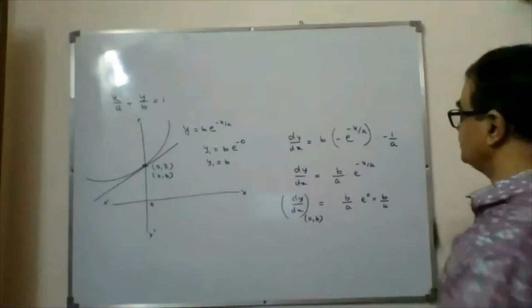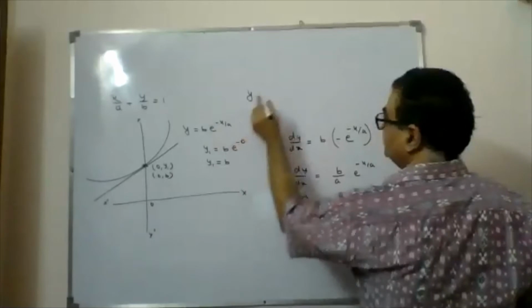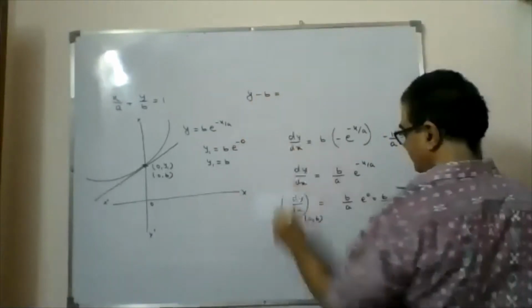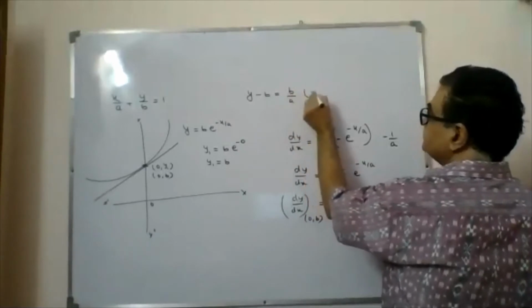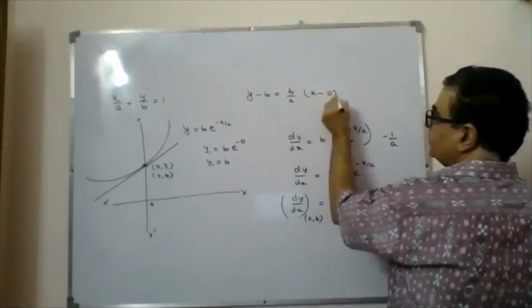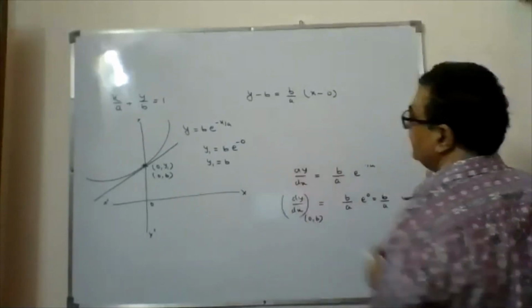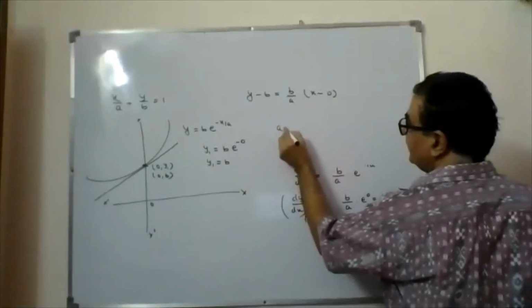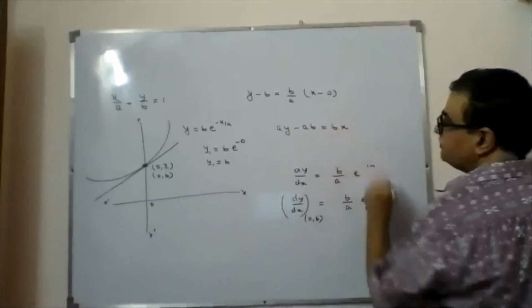Now we go on equation: y minus y1 equal to b by a into x minus x1. And now when you solve it, it will come out to be bx.